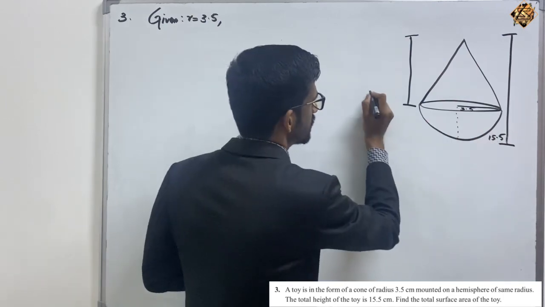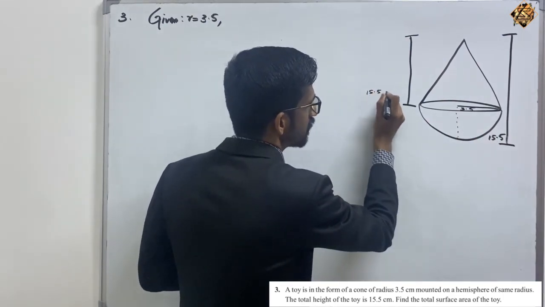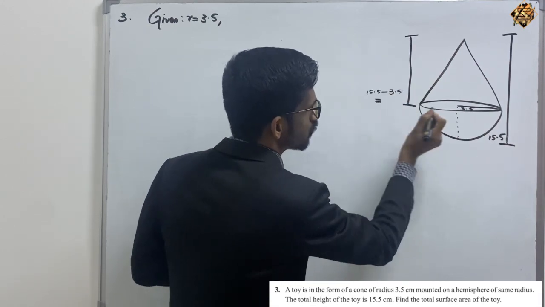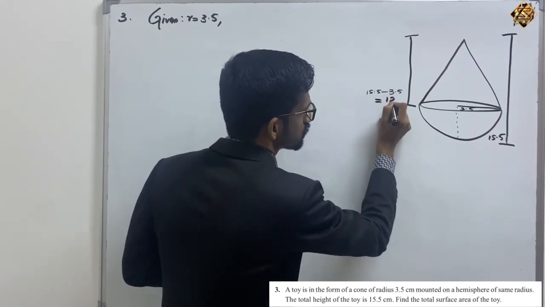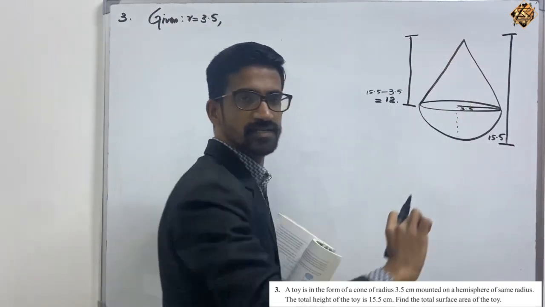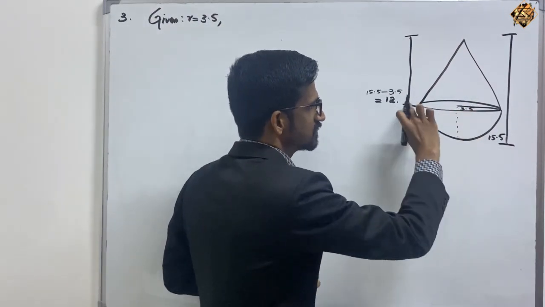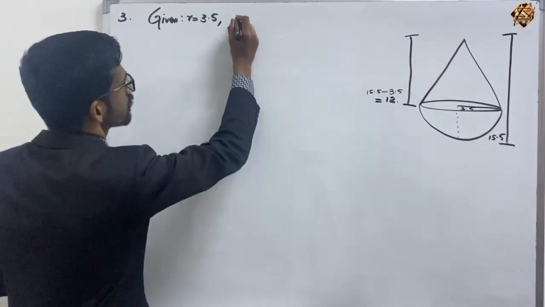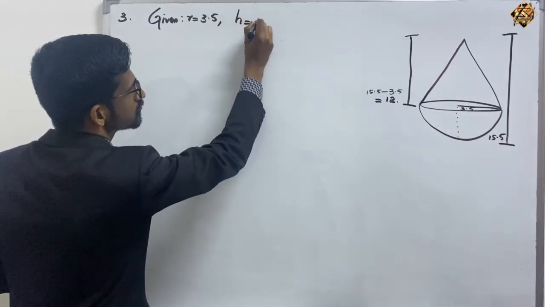That is, from 15.5 we will subtract 3.5, so that we will get 12 centimeter. So we got h equal to 12 centimeter.